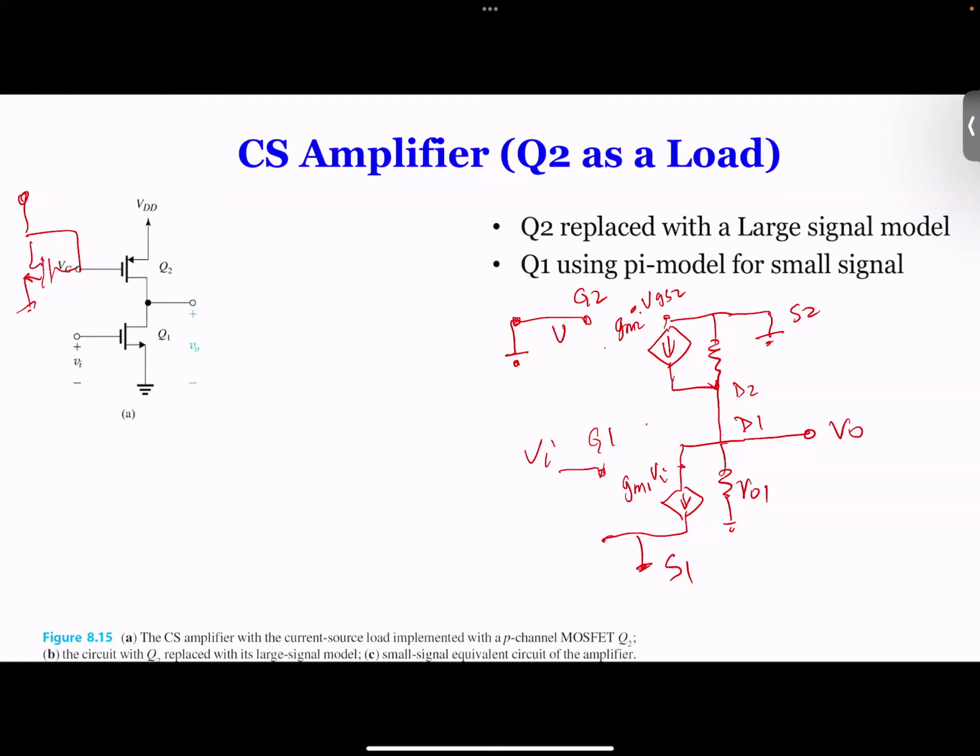So yeah, VG2 is basically grounded and source is grounded. So vgs2 is 0. Okay, so that's why. So vgs2 is 0, which means this is open circuit. So now if that is open circuit, we can further redraw the circuit to look something like this.